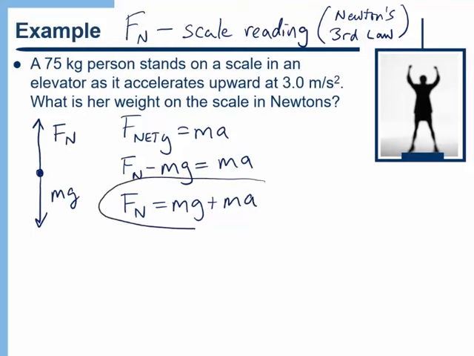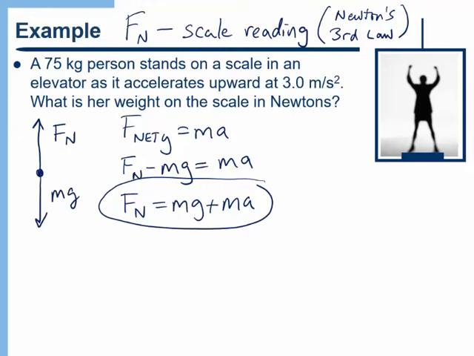And we'll go ahead and solve for the particular problem in a second, but I want to talk a little bit about that. Notice that your weight on the scale, if the elevator is not accelerating, is just mg, as we would expect. But when the elevator is accelerating upward, the scale reading goes up. I'm sure you've noticed this if you've been in an elevator in a tall building. When the elevator starts to accelerate upwards, you feel heavier.